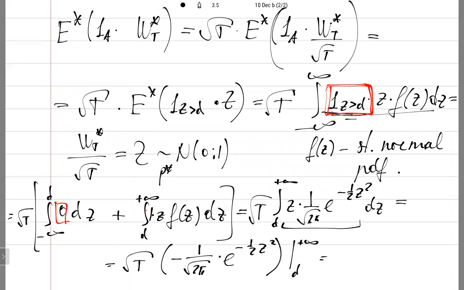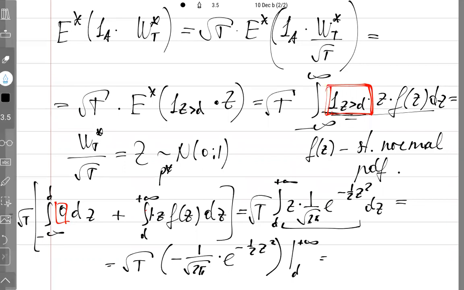If I take the derivative, it will be exactly the same. Okay, if I plug plus infinity, it will be 0.